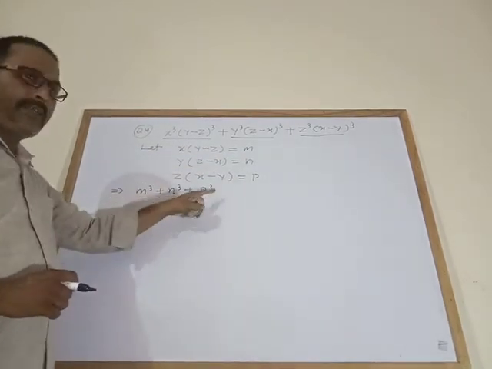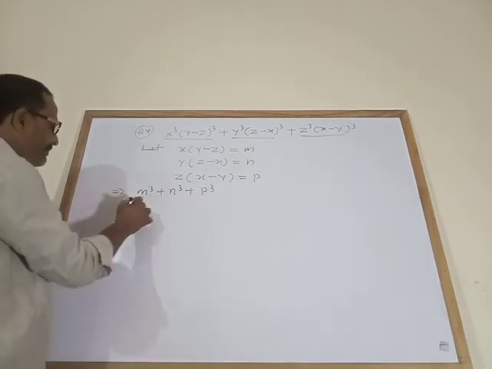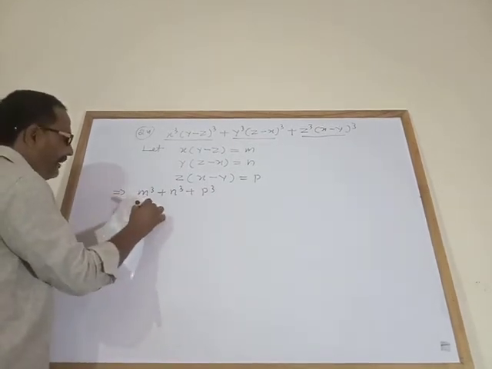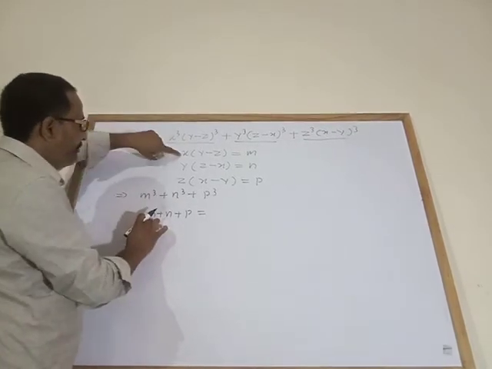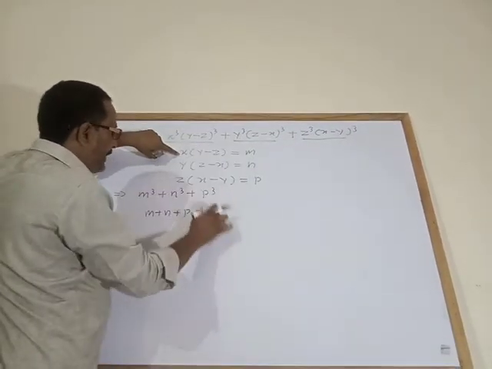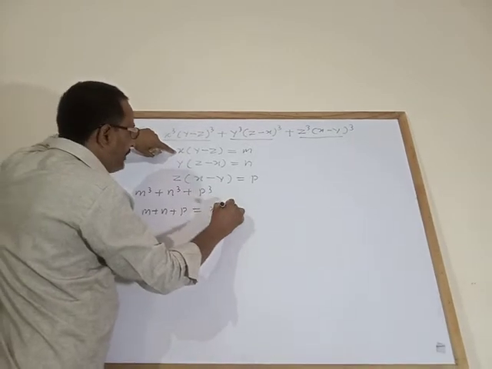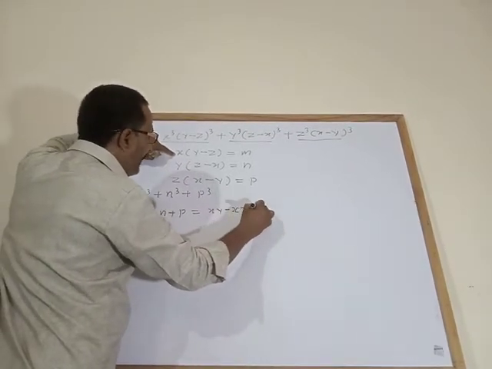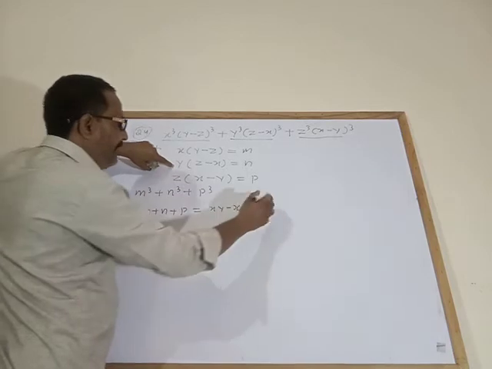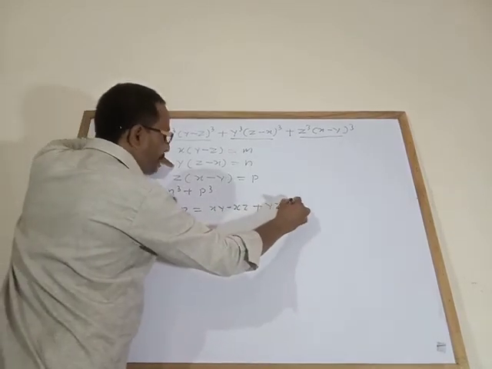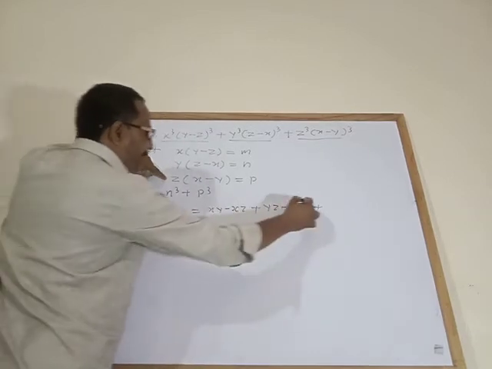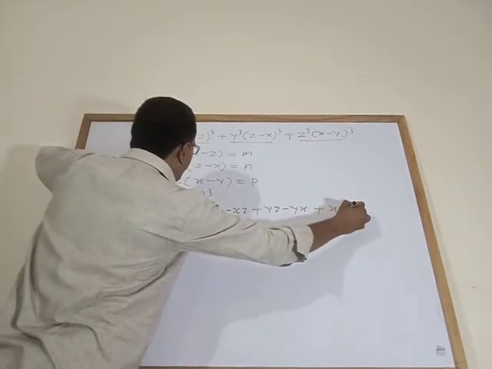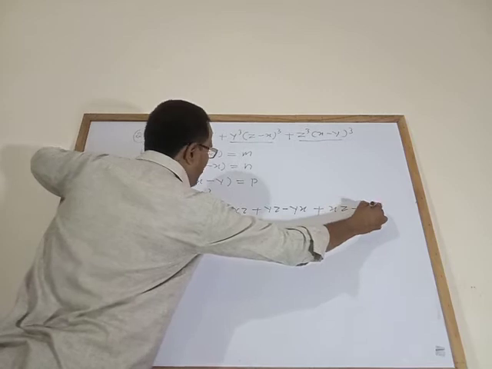In this form, I am going to find m + n + p. For the m value, just multiply here: xy − xz, plus the n value yz − yx, plus the p value zx − zy.